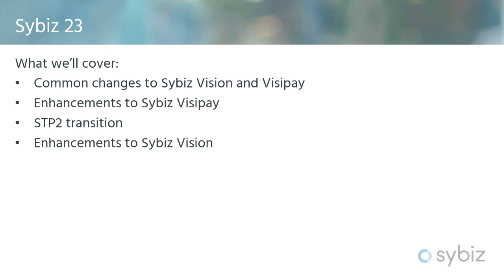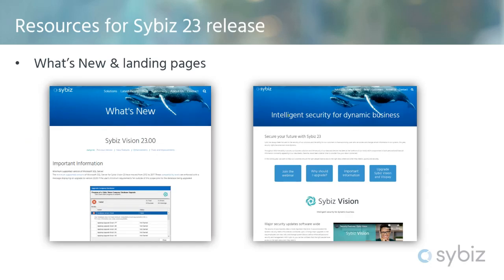So let's get underway. As always, we provide some resources for you when we do our new releases, and version 23 is no different. You have the What's New page in the software, and that pops up automatically after you've upgraded. You can get it again by going to the top left button and going to documentation and what's new, and that will reappear.